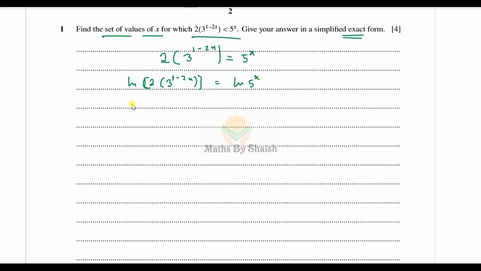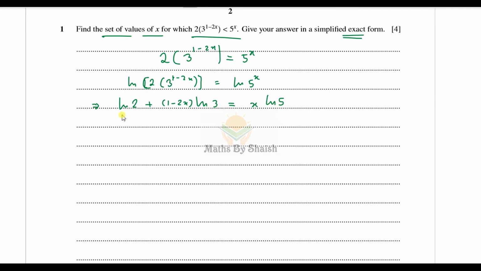So we'll use the property of product and the power here. So it is ln 2 plus 1 minus 2x ln 3 is equal to x times ln 5.